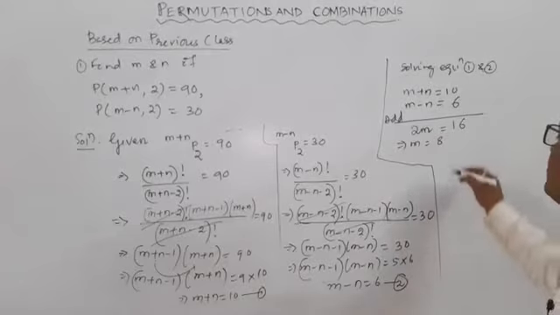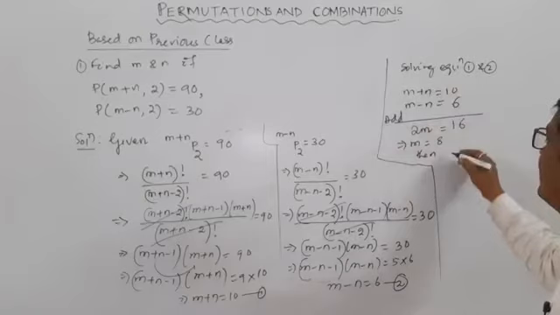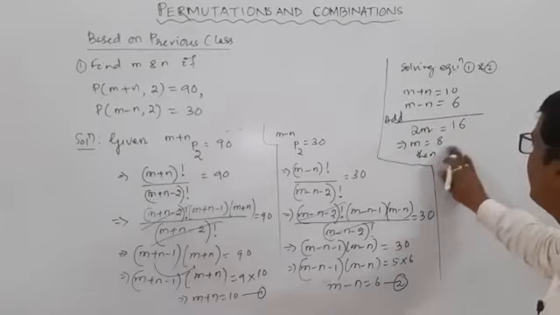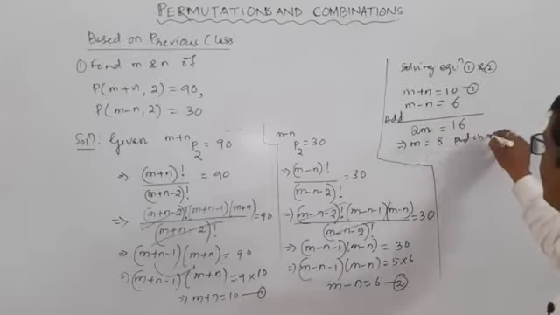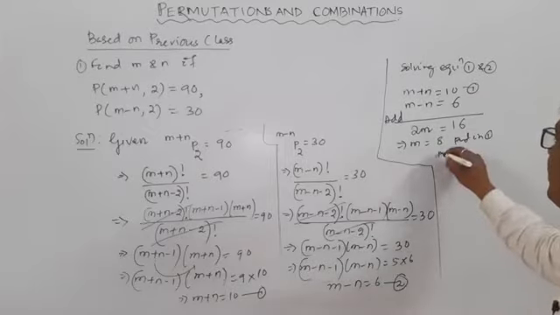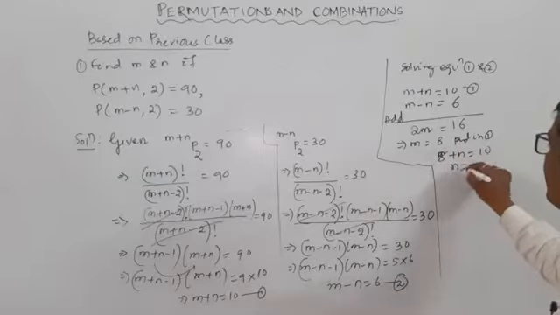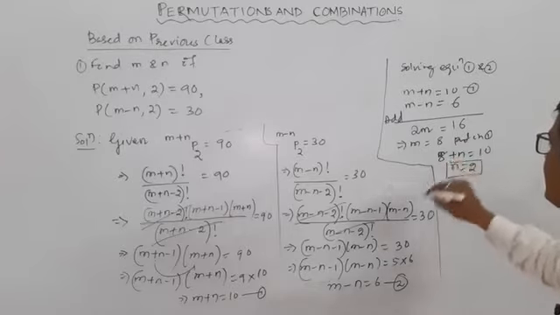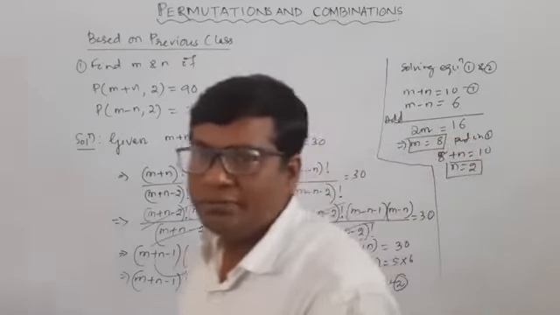Put m equal to 8 in equation 1: 8 plus n is equal to 10. So n is equal to 2. The answer is m equal to 8 and n equal to 2. Clear?